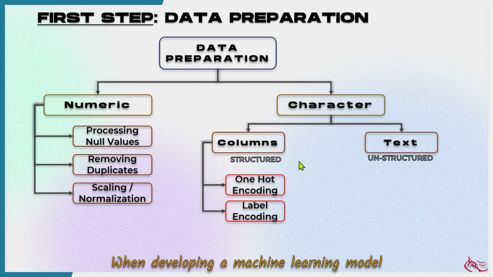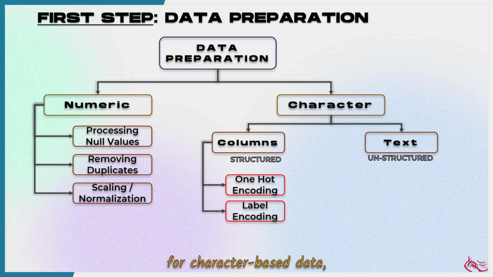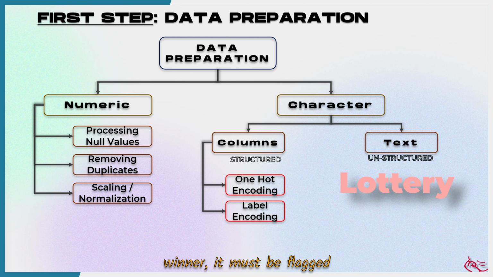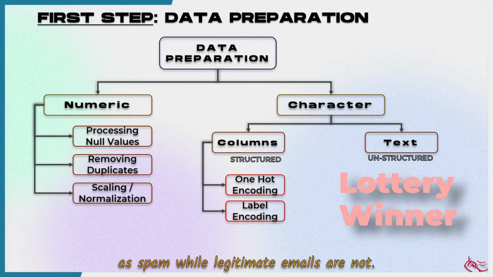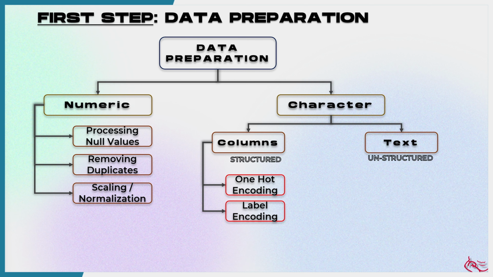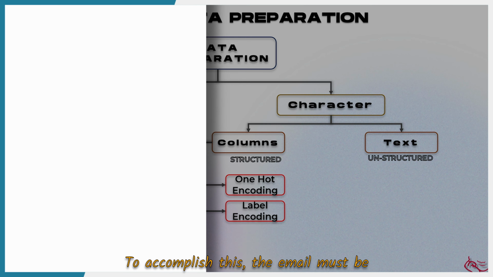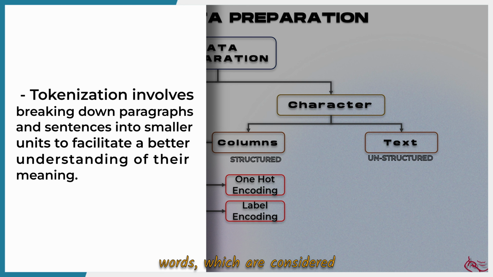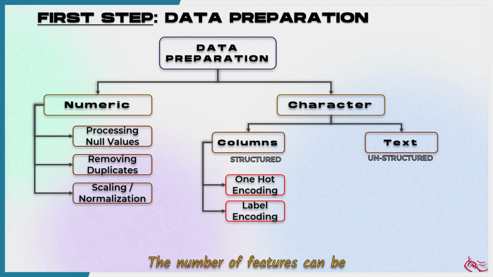When developing a machine learning model for character-based data, such as email spam detection, a different treatment is required. If the email contains certain trigger words like lottery or winner, it must be flagged as spam while legitimate emails are not. To accomplish this, the email must be tokenized into individual words, which are considered features of the machine learning model. The number of features can be significant, especially for lengthy documents.